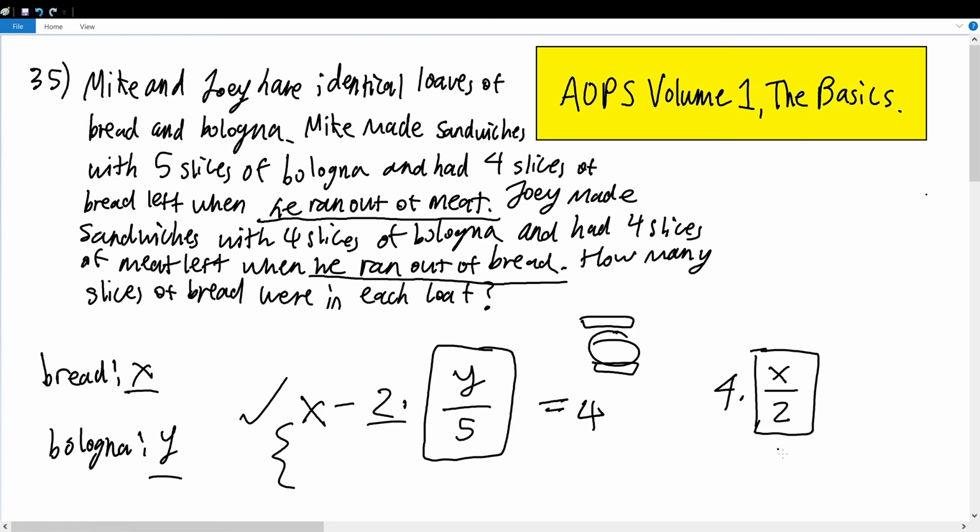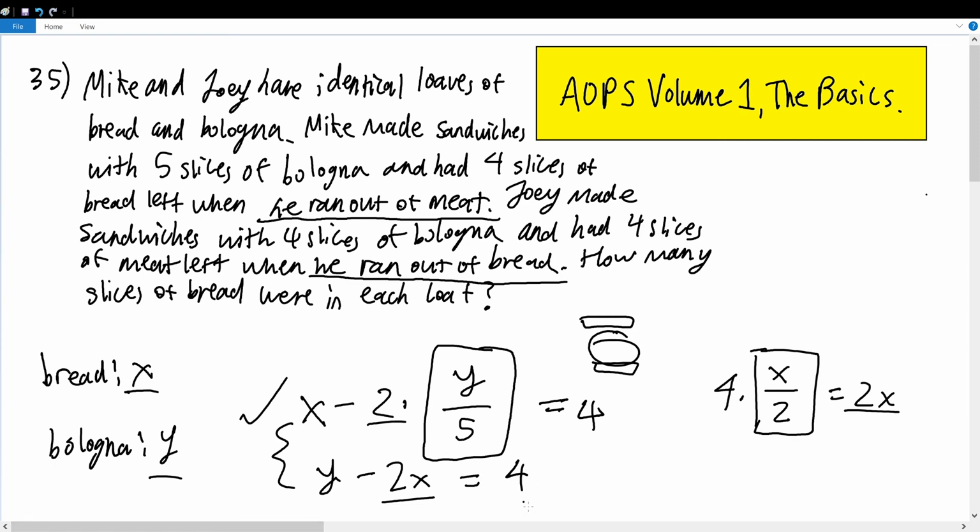So in total, he used up 2x number of bologna. Therefore, the number of bologna, which is y, minus the number that he used, which is 2x, remember, we are expressing the number of bologna that he used in terms of bread, which is x, must have a remainder of 4 because he had 4 slices of meat left when all is done.